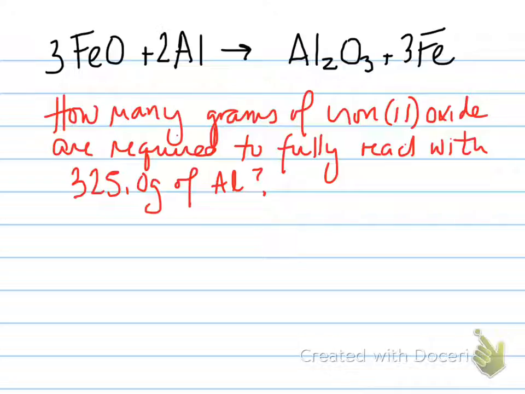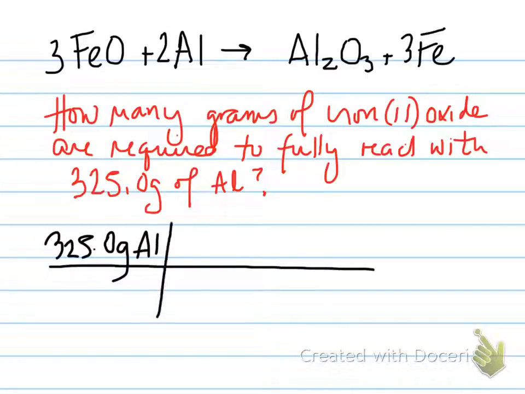So what do we always start off with? You could all say it together. Our given. And there was great rejoicing. 325.0 grams of aluminum. So what units, what chemical, bottom, next space?